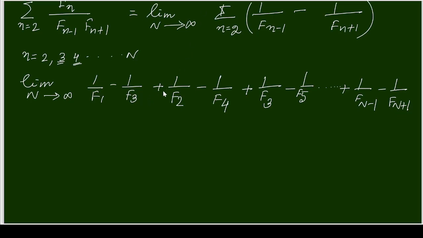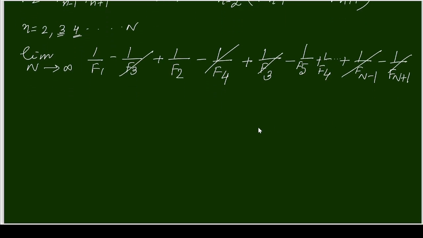So you can see the series here. This f2 will be cancelled. f4 will certainly be cancelled here. So this one will also cancel. So what we'll get is the limit n tends to infinity of 1 over f1 plus 1 over f2.